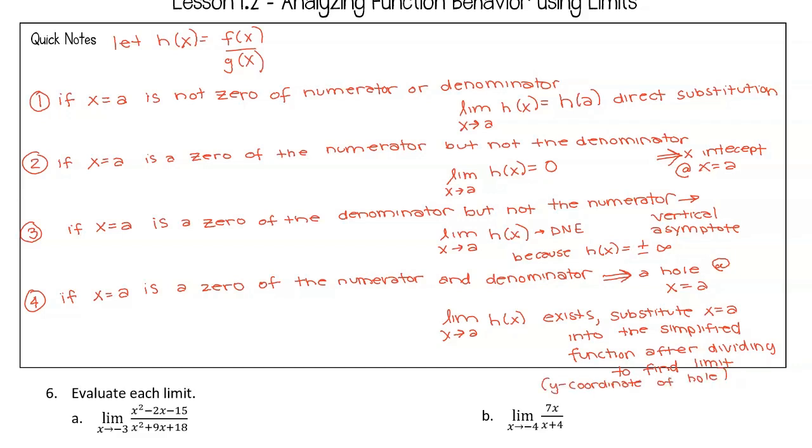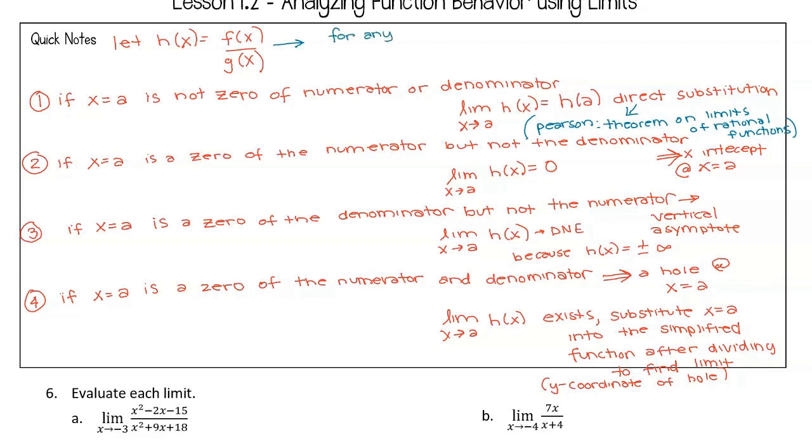Now, one thing I forgot to say is that if you are using Pearson, they call this the theorem on limits of rational functions. Okay, one last thing on evaluating rational functions.